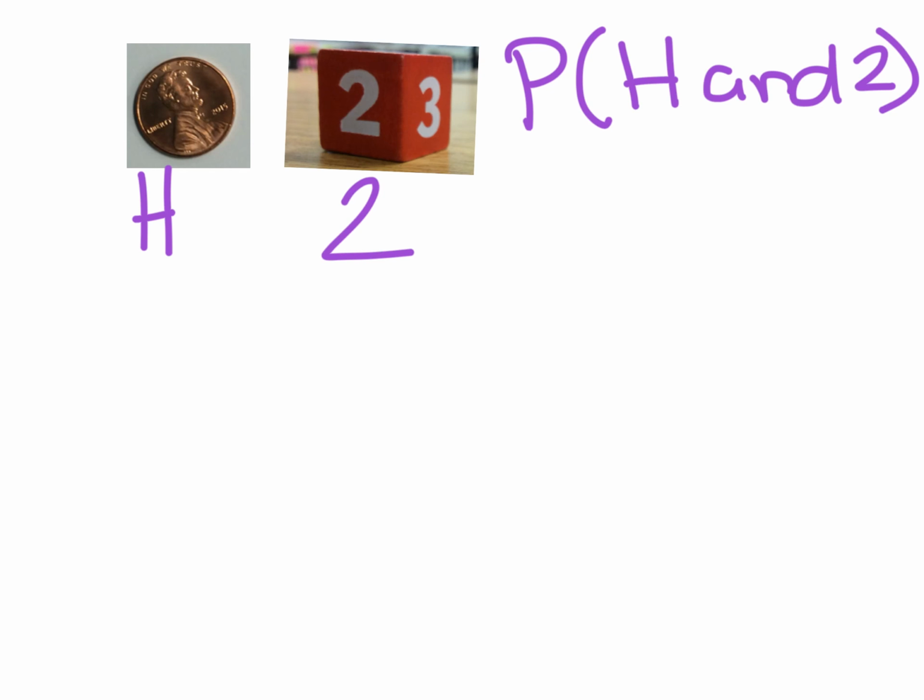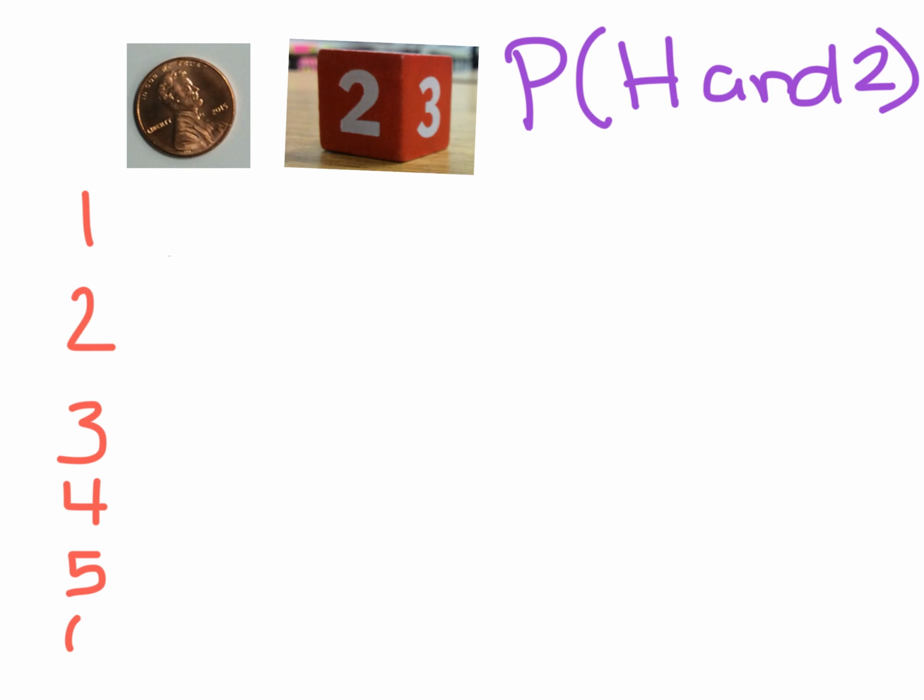probability tree. So what are the outcomes that we could possibly get on this number cube? Well, we could possibly get a 1, a 2, a 3, a 4, a 5, or a 6. So that's what I'm going to do here. 1, 2, 3, 4, 5, or a 6.